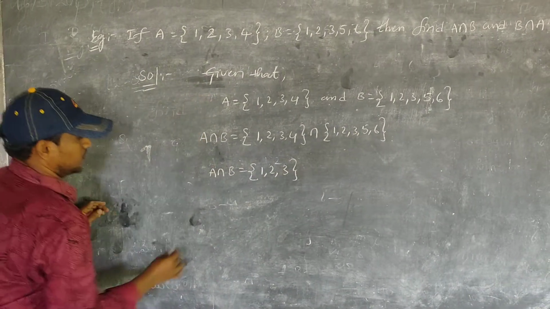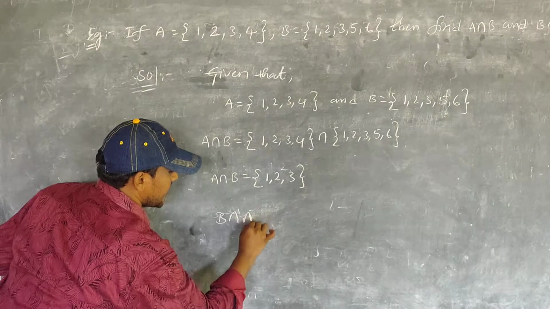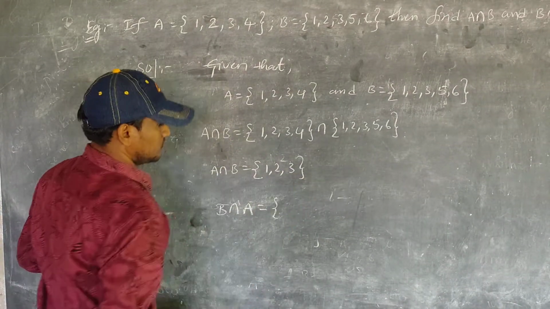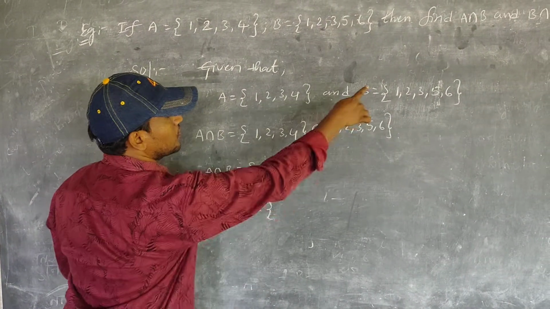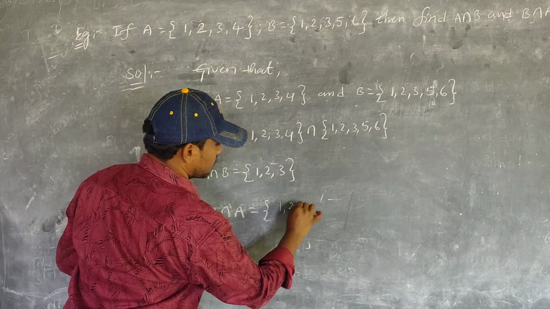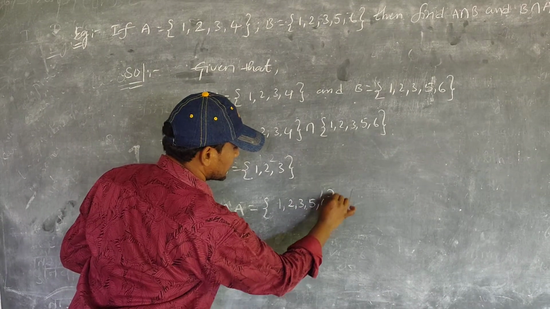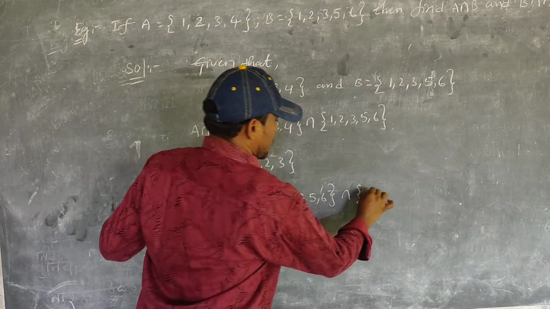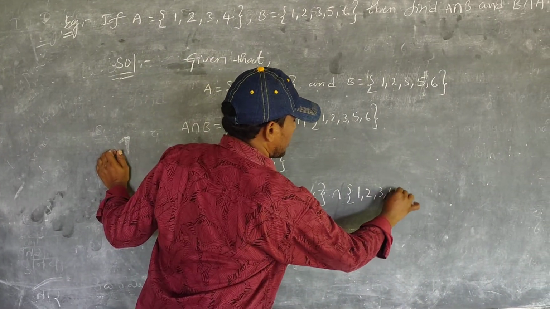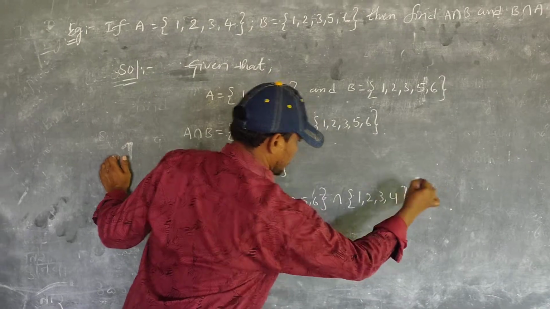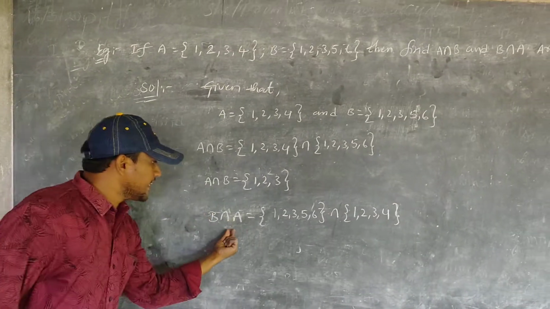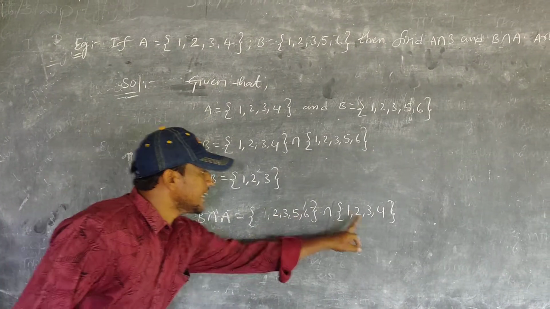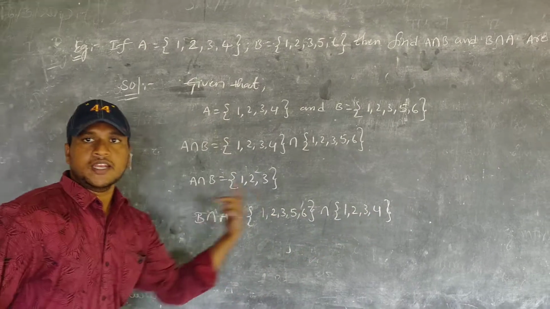And the next, B intersection A. What is the B set? {1, 2, 3, 5, 6} intersection A {1, 2, 3, 4}. Same here, set B has 1, 2, 3 and set A has 1, 2, 3 as common elements.